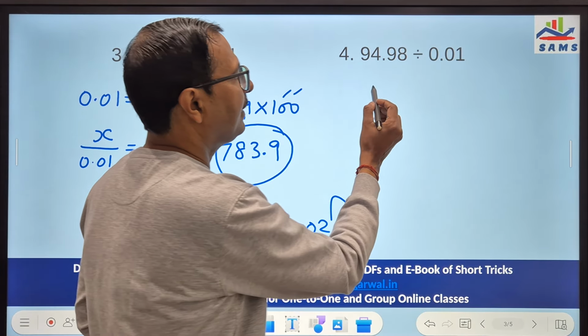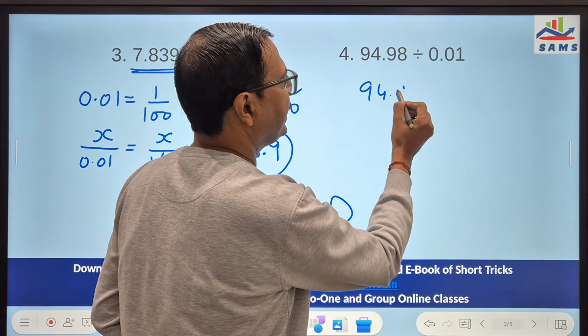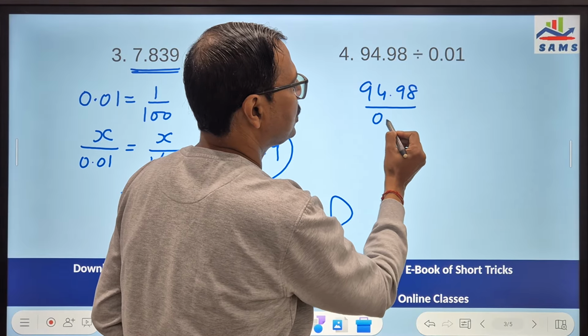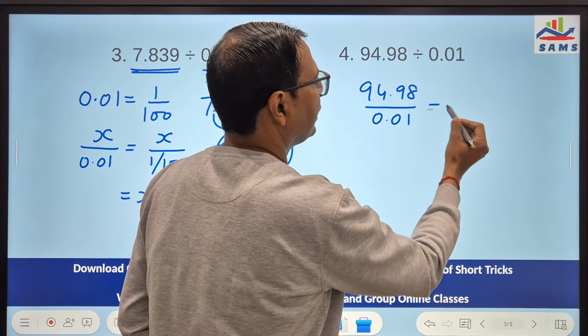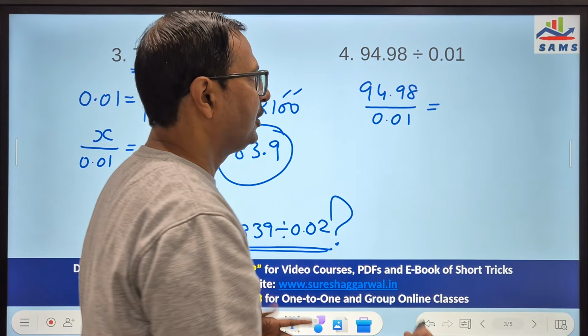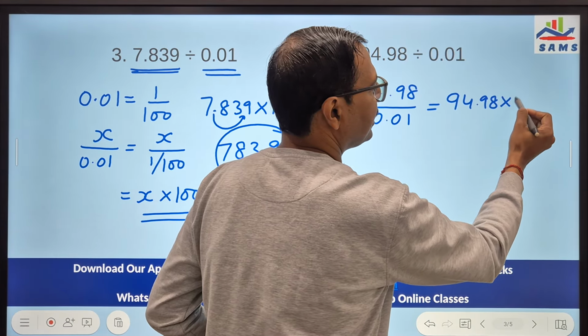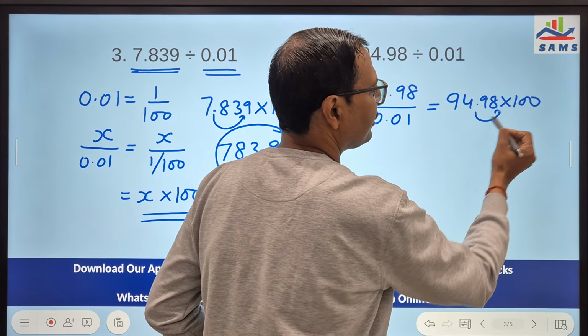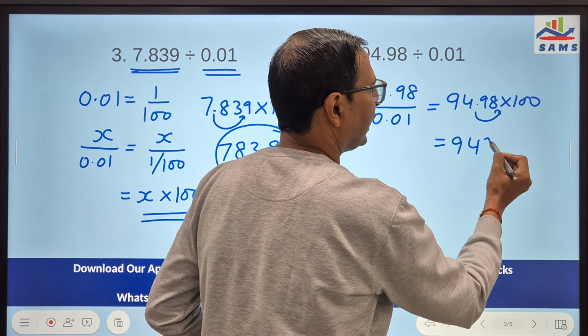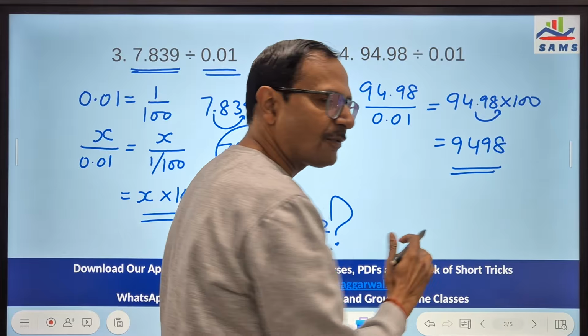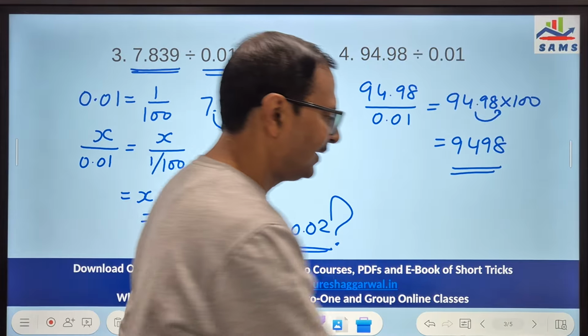Let's see another one here. 94.98 divided by 0.01. You can directly do it, or you can multiply it by 100. 94.98 times 100, and the decimal is going to shift and give you 9498 as the answer. Easy, right?